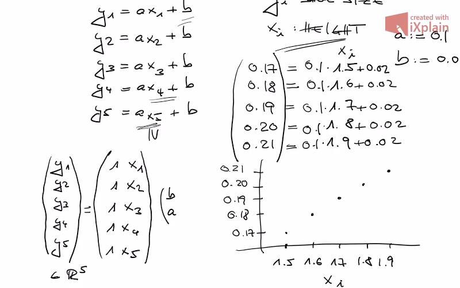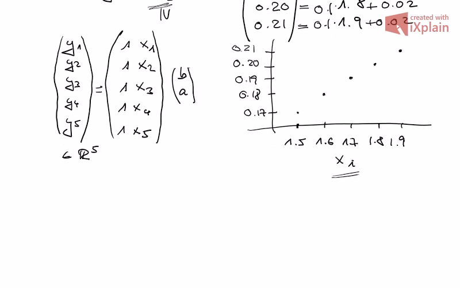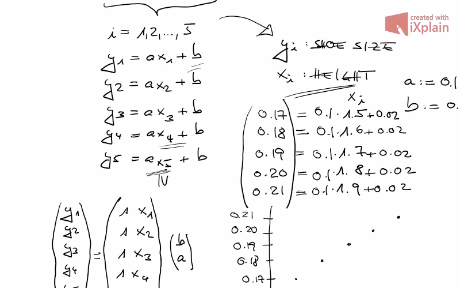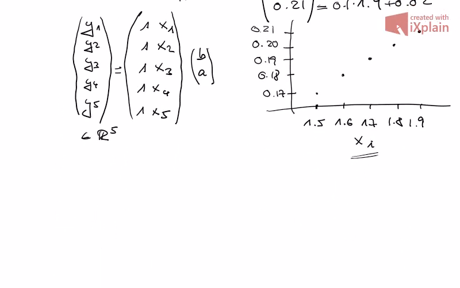So now what we have done is that we have fairly concisely expressed our set of equations for 5 data points, with a matrix that has 5 rows and 2 columns, and with another vector that has just 2 rows.